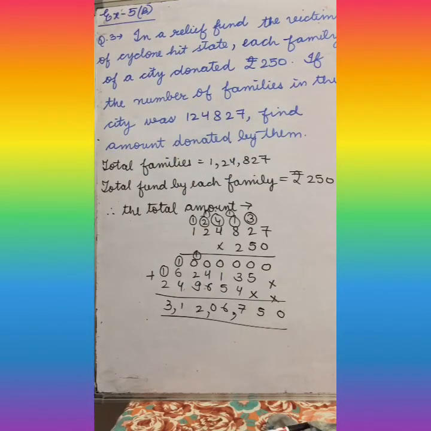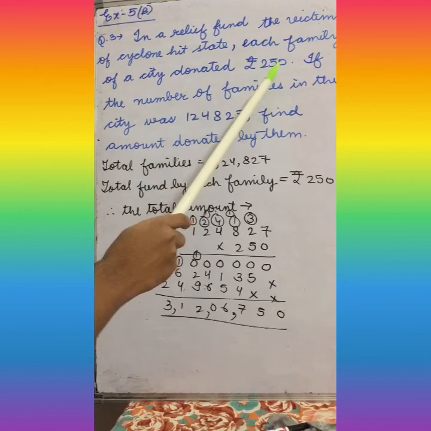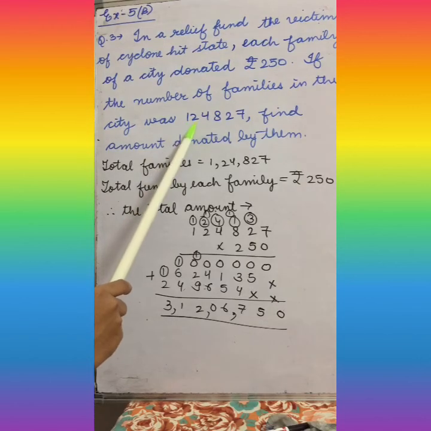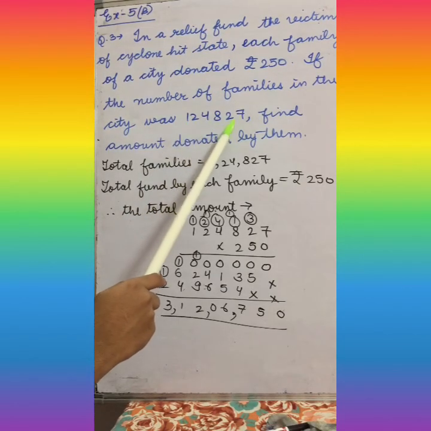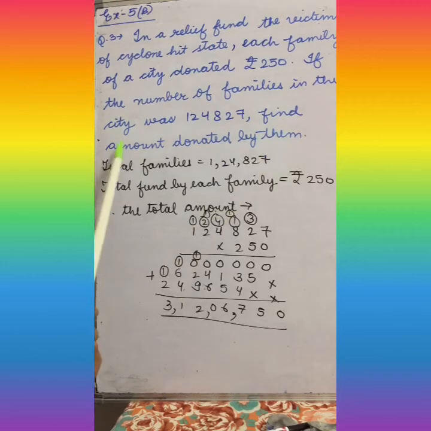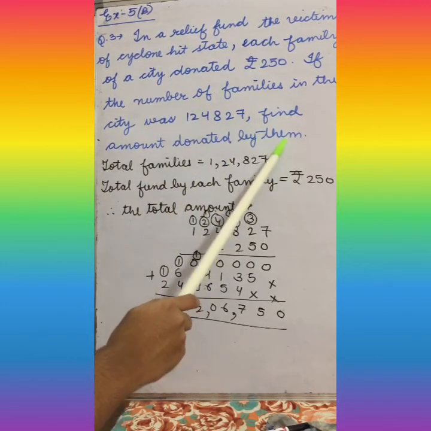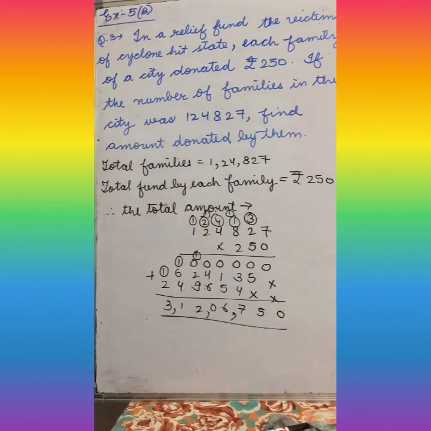Exercise 5B, question number 3. In a relief fund, for the victims of a cyclone-hit state, each family of a city donated rupees 250. If the total number of families of the city was 1,24,827, we need to find the amount that is donated by these families when one family donates 250 rupees.